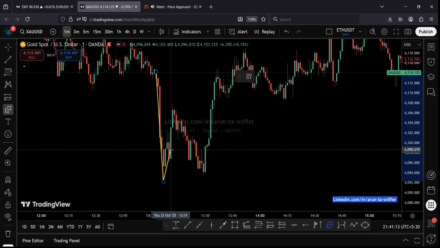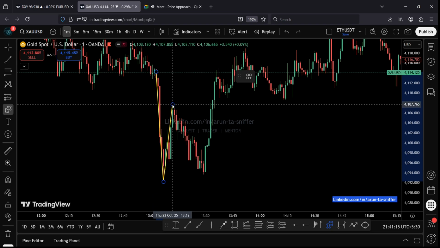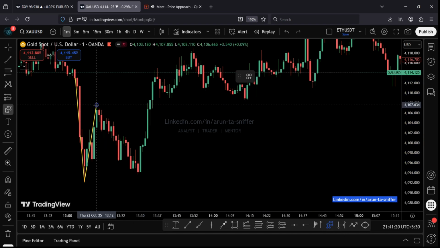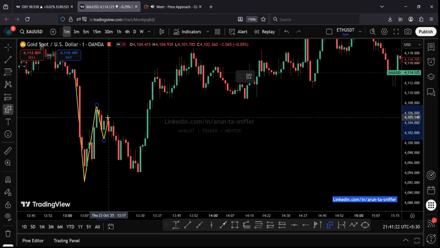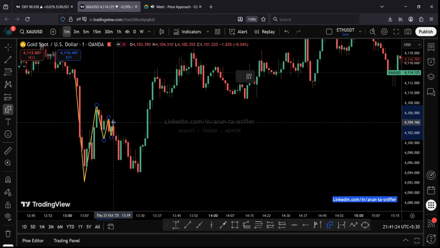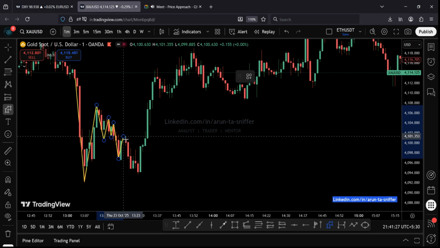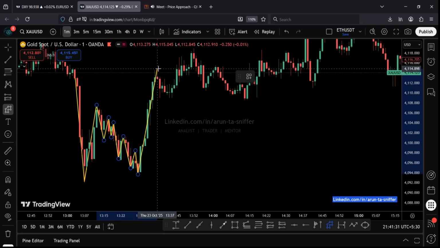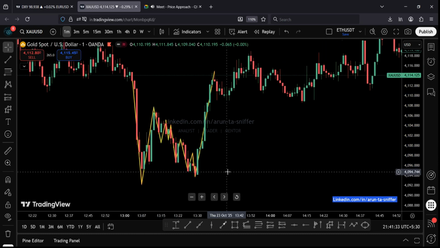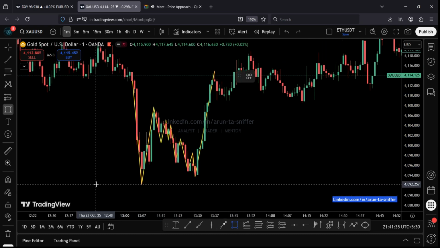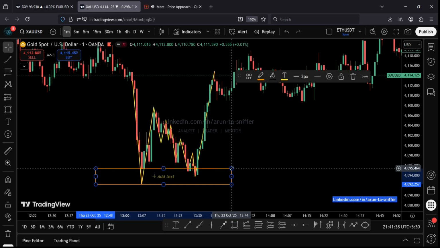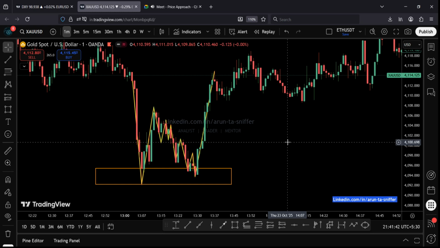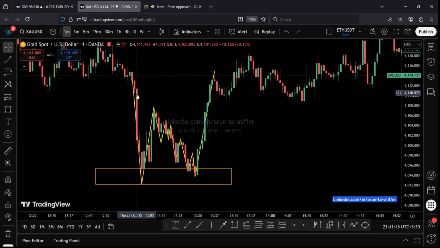Only just one pullback, a small pullback here, and then when it came back, it came back like this, and then goes up again sharply like this, came back again to this zone, right? So these are some examples of Cancan.